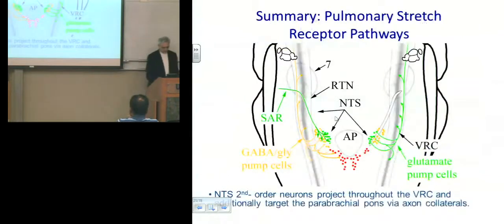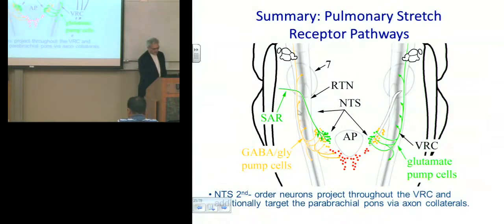So, in summary, we have the pulmonary stretch receptors, the slowly adapting pulmonary stretch receptors, coming in, terminating in the NTS, and then they're going to activate inhibitory pump cells.